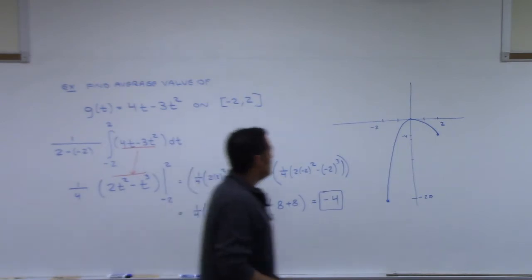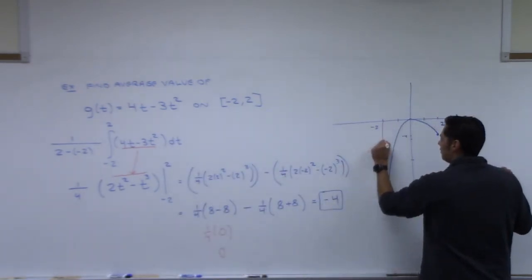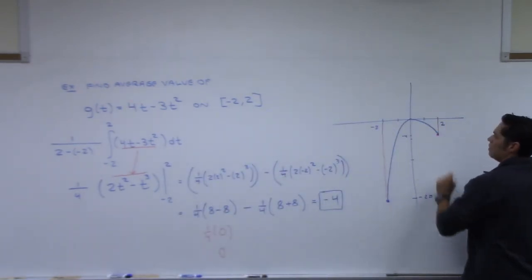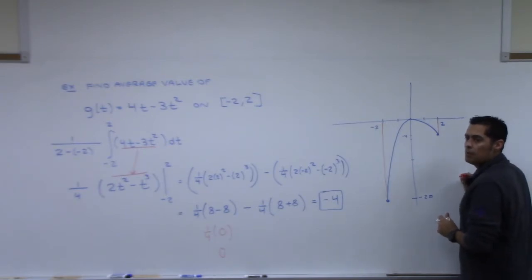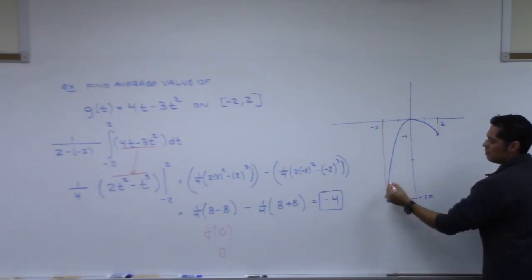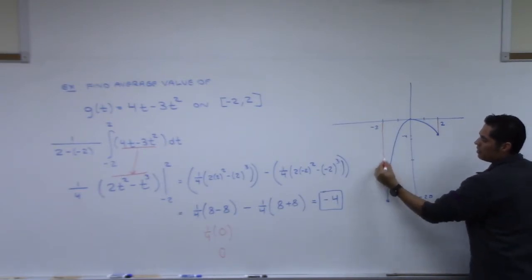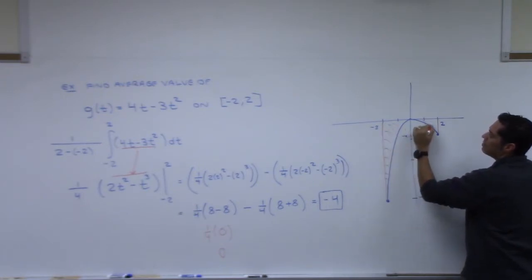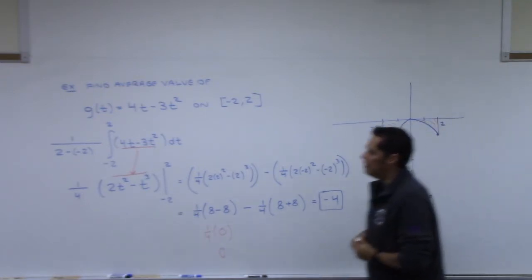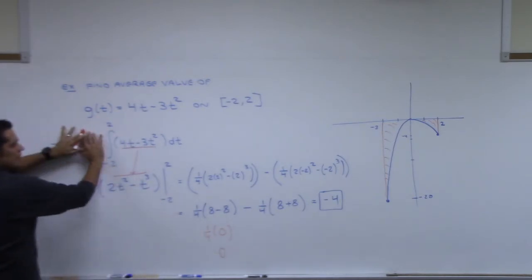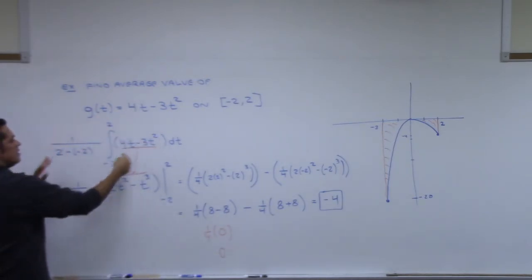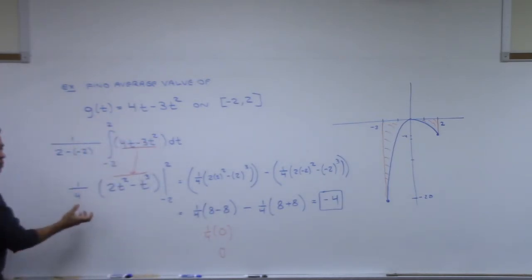Now, I went ahead and put the graph over here so you could see it. So if we're looking at this, we're not calculating this area, right? I mean, that right there is calculating the area. But then this is helping us take the average.